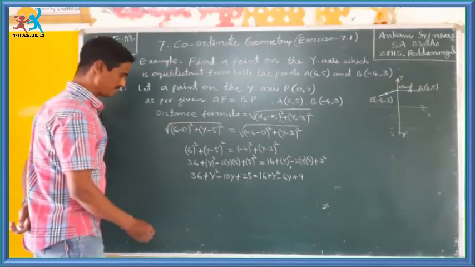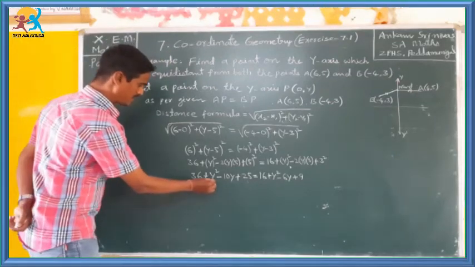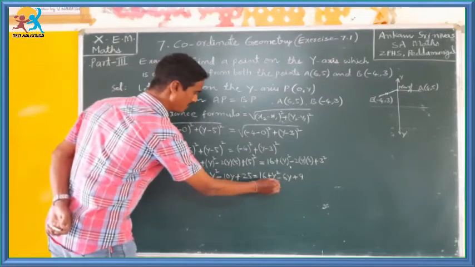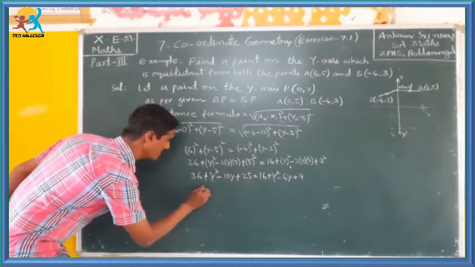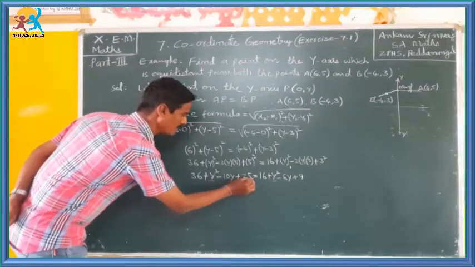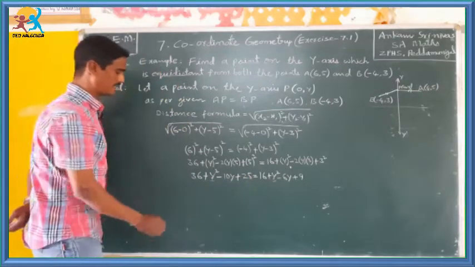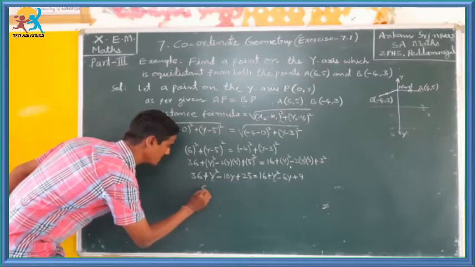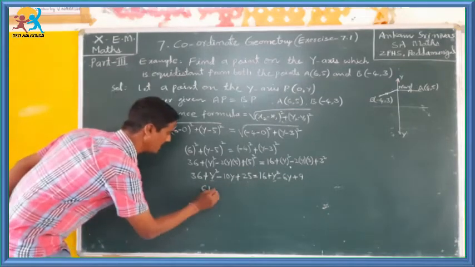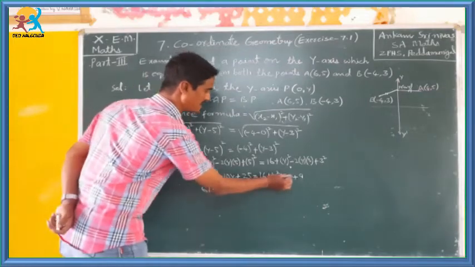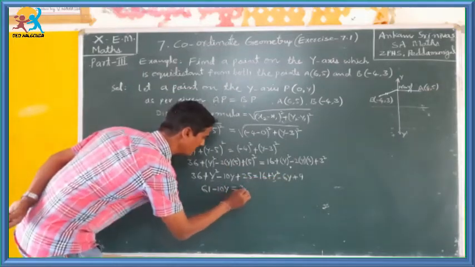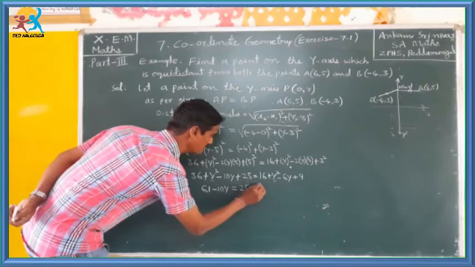Now children, here y square will be cancelled and we are left with 36 plus 25, which is 61, minus 10y, equals 16 plus 9, which is 25, minus 6y.